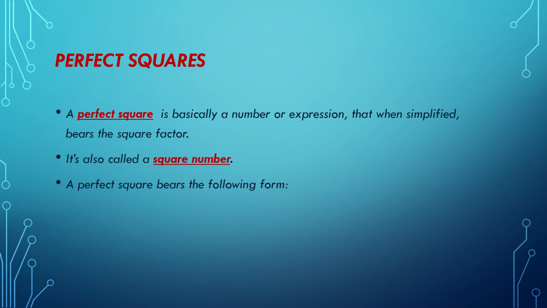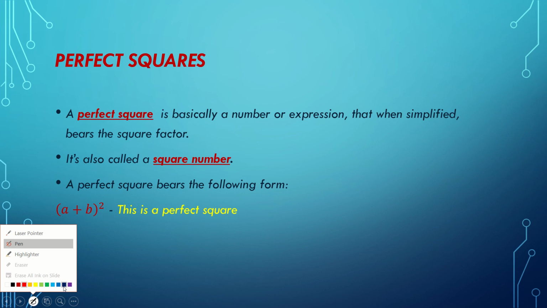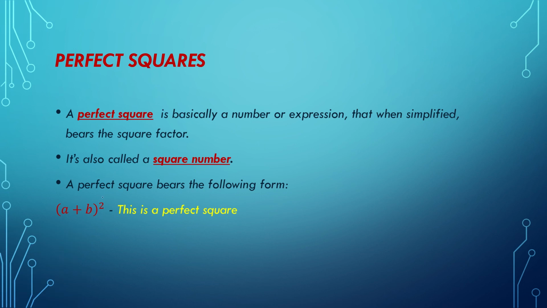A perfect square bears the following form: x squared, a plus b, everything squared, is a perfect square. What we meant by the square factor, let's use a different color. This is what we term as the square factor. Anything raised to power 2, that's the square factor that I simply termed it as. And notice it's a square, because if I rewrite this, it is a number multiplied by itself.